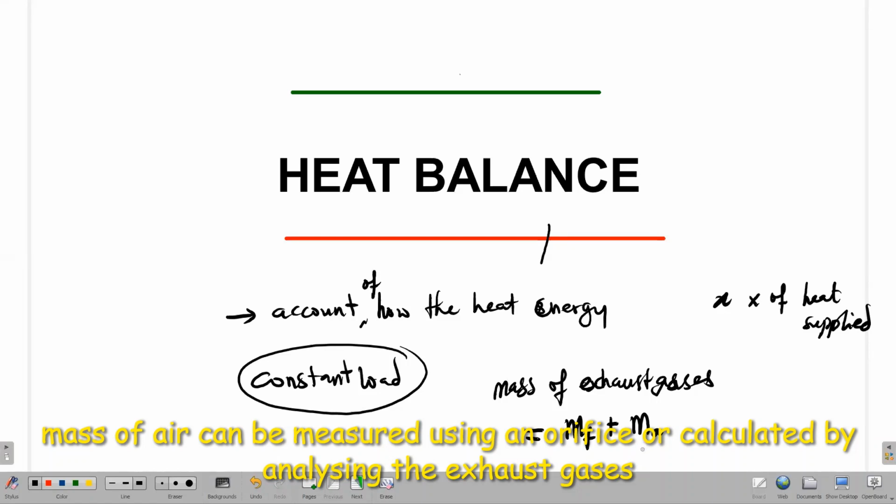The latter being measured by means of an orifice, or we can equally calculate it from an analysis of the exhaust gases.